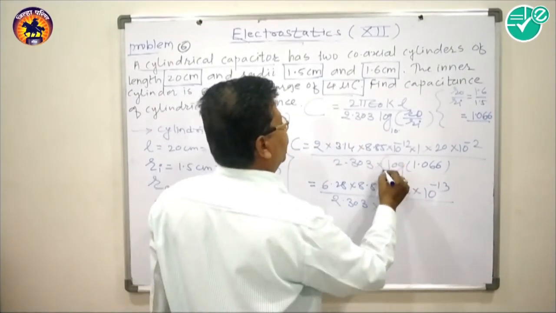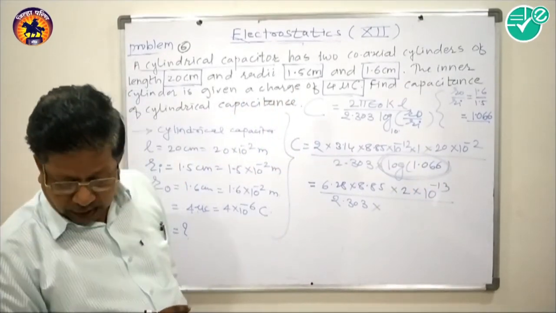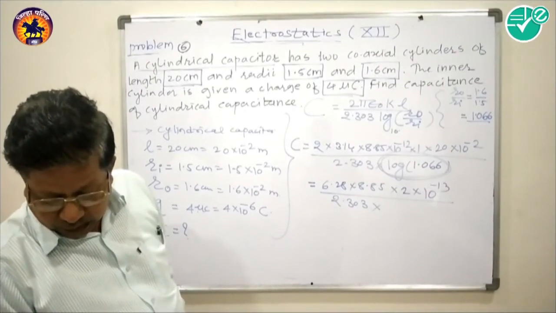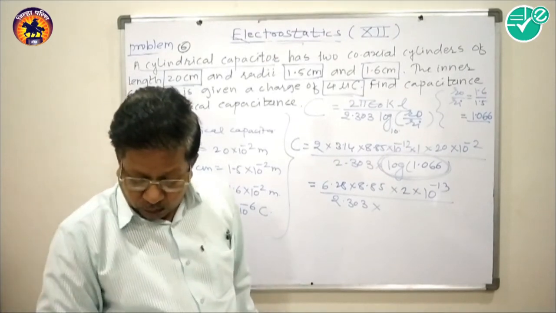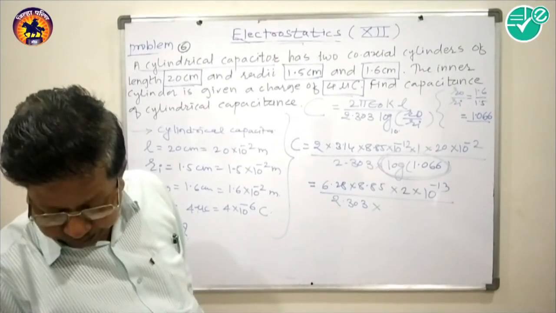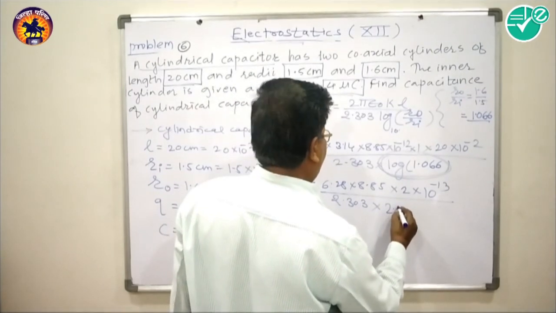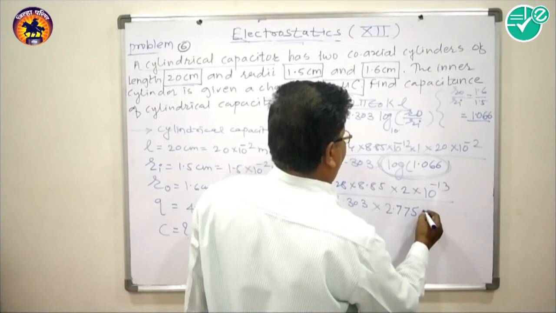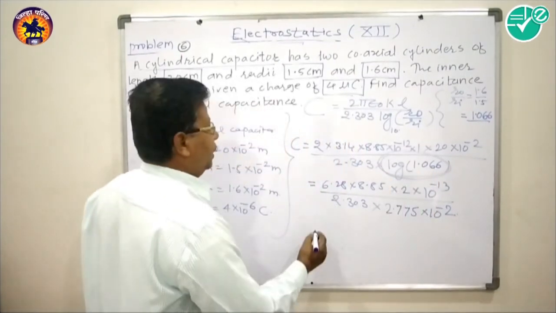divided by 2.303 into the log of 1.066, and the log of 1.066 comes out to be 2.775 into 10 to the power minus 2.